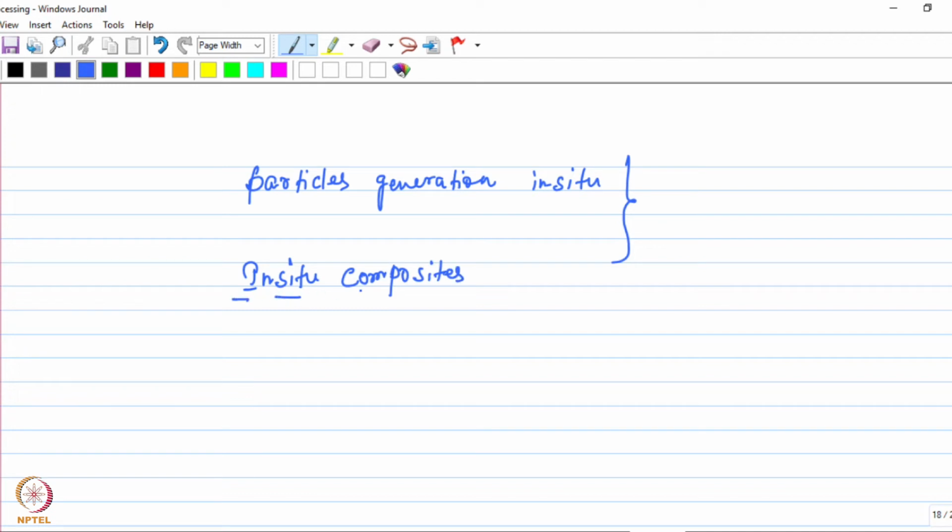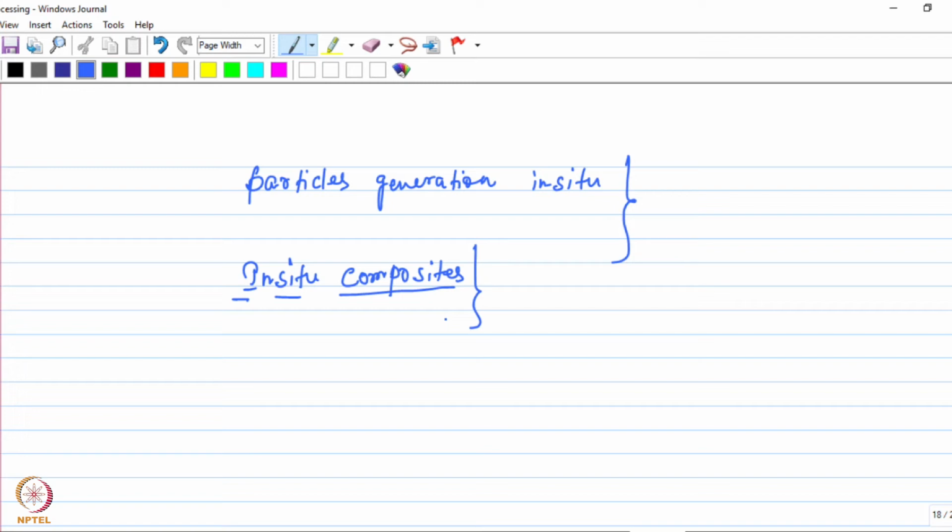But the question is, how do you generate these particles internally in the matrix material? Just like that, the particles cannot be generated. Here also you will have to do something, if not adding them externally, in order to make these particles in situ during the processing itself.